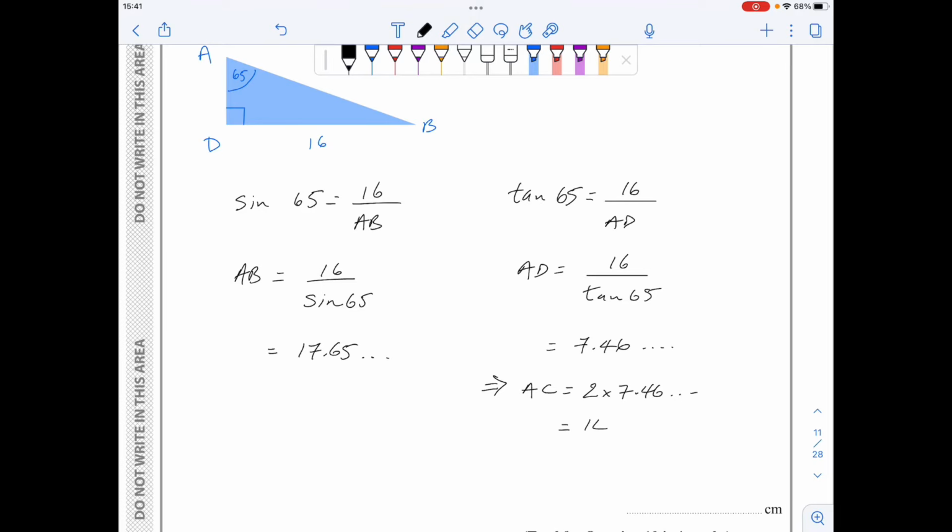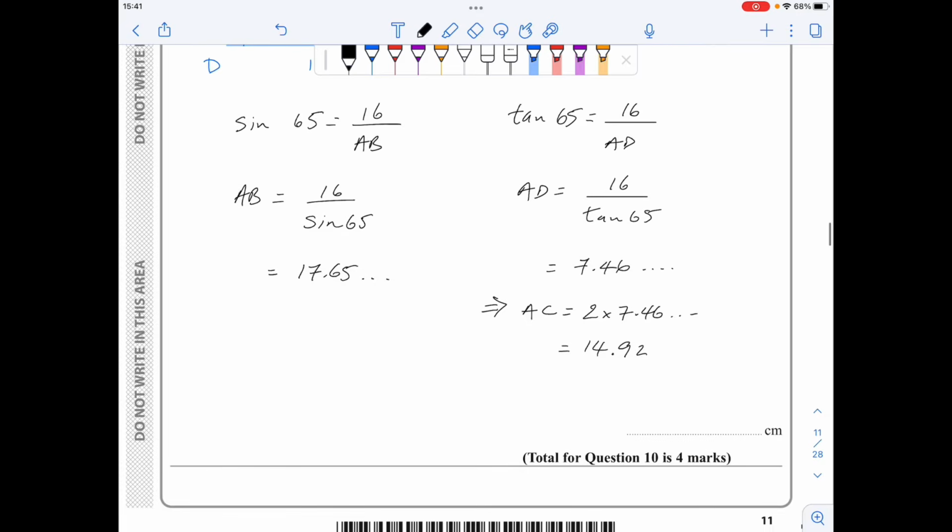AC comes out to be 14.92. Hence, the perimeter is 17.65 times 2, as AB and BC are the same, plus the vertical side, that's 14.92, and this will give me 50.2 centimeters to 1 decimal place.